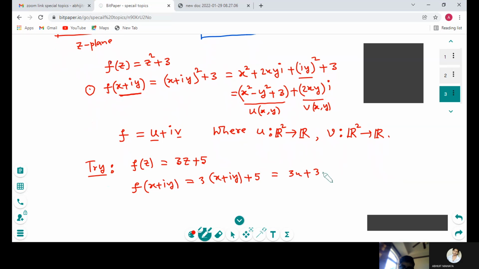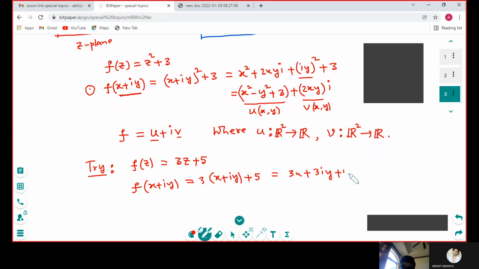You cannot simplify it, but you can rearrange, right? The real part you can take together, and the i part you can take together. Then you can put 3x plus 5 plus 3iy. So this part is your u, and this part is your v.